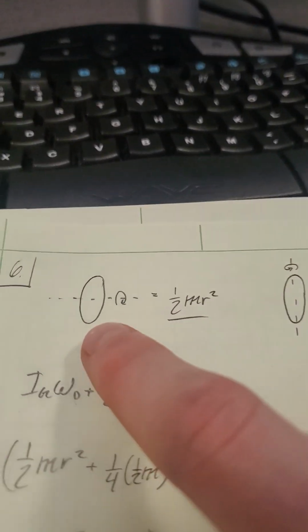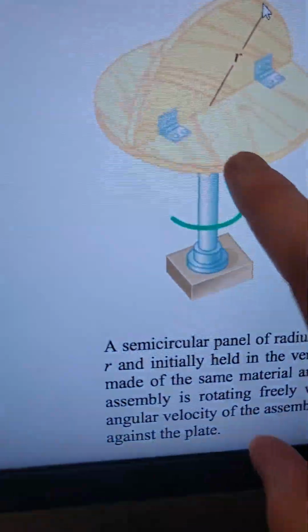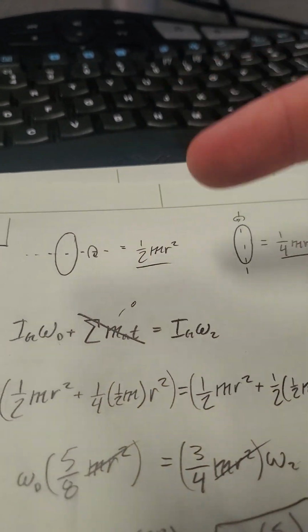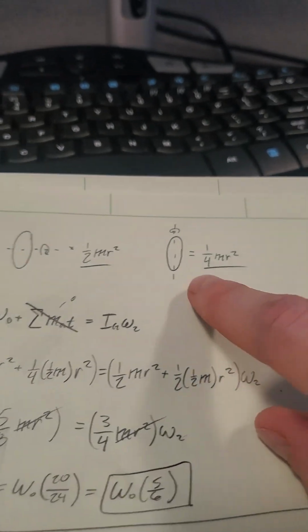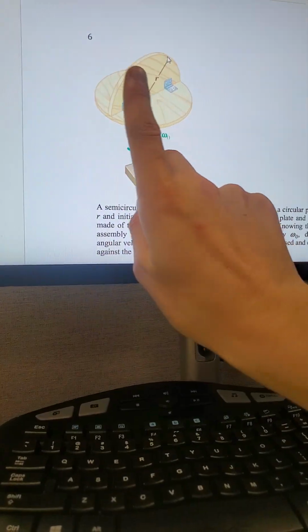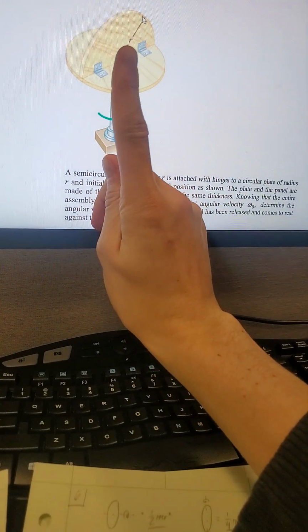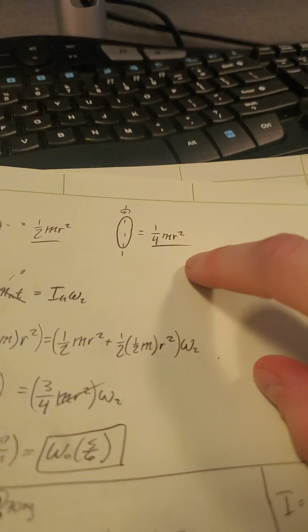So as you can see here, this base plate is rotating about the center of gravity, the very center of the circle. So we know the mass moment of inertia for that is 1/2 mr squared. If it's rotating about one of the axes, like this one, when it rotates this way, it's rotating about the center axis instead of the actual center of the circle.